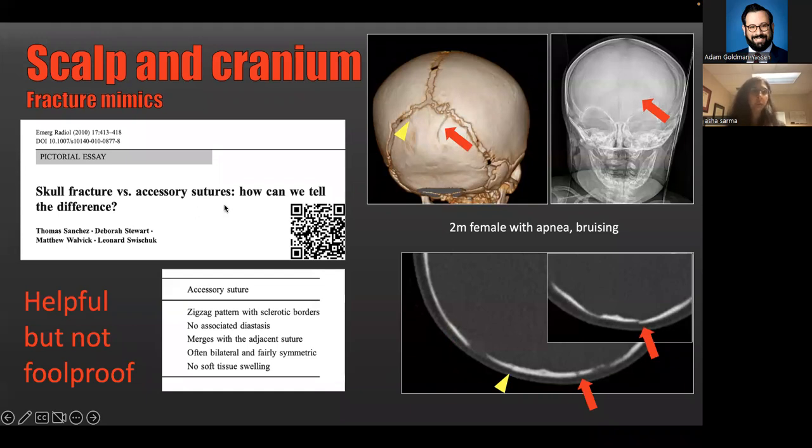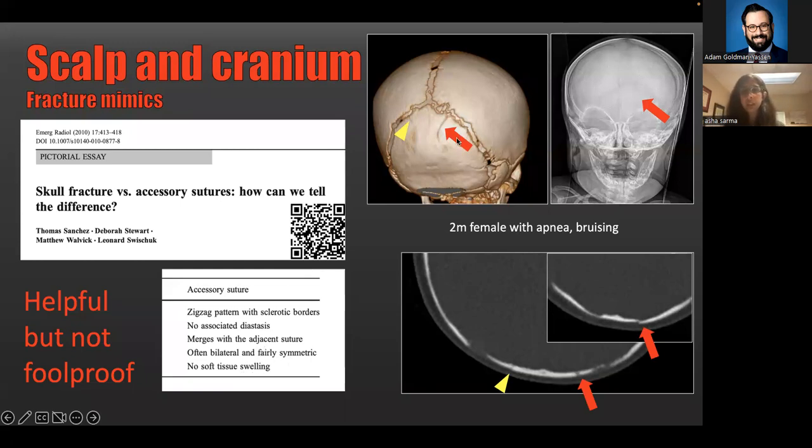What are some of the helpful features? They're helpful, but not foolproof. They don't work in every case, but these are things that favor a suture: a zigzag pattern with sclerotic borders, no associated diastasis, they merge with the adjacent suture, they're often bilateral and fairly symmetric, and there's no associated soft tissue swelling. But these can be a little bit troublesome.